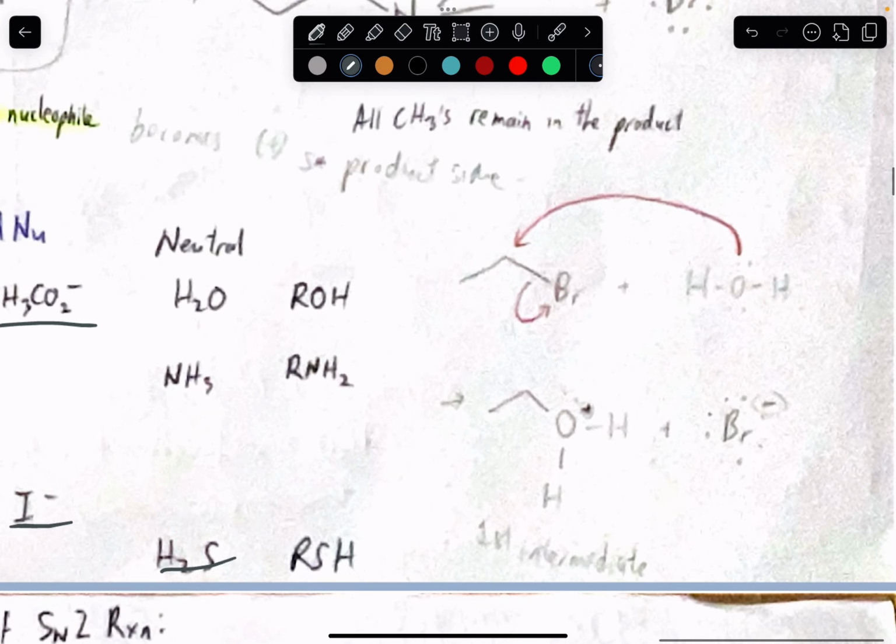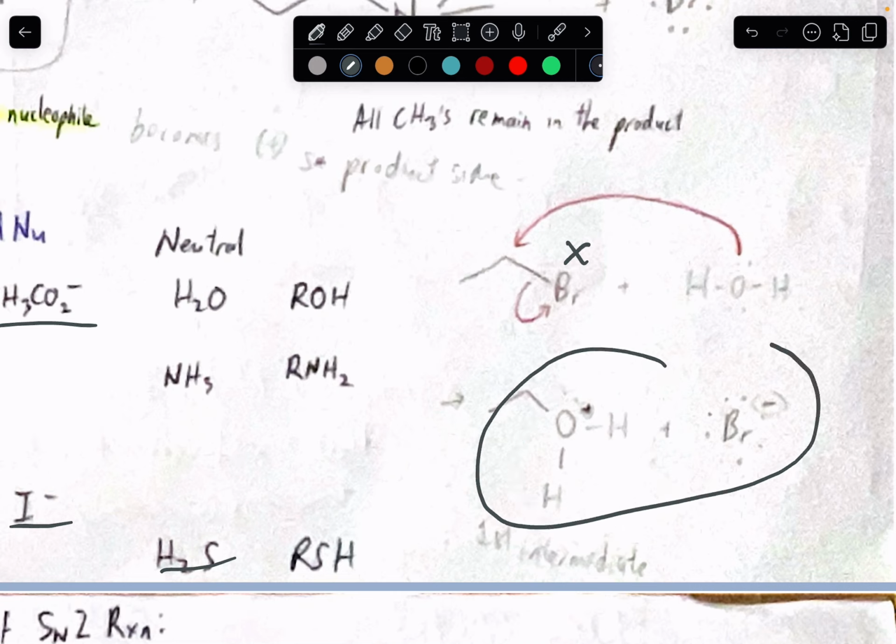What if you have this? Bromoethane and water. So the leaving group is your bromine, your nucleophile is the water itself. It's the entire thing. So after changing their positions, this is actually not the final answer yet.